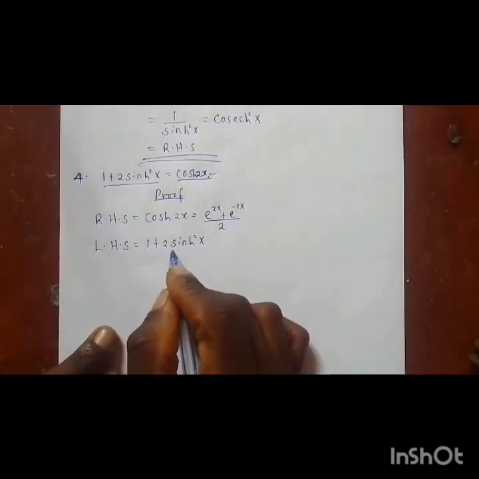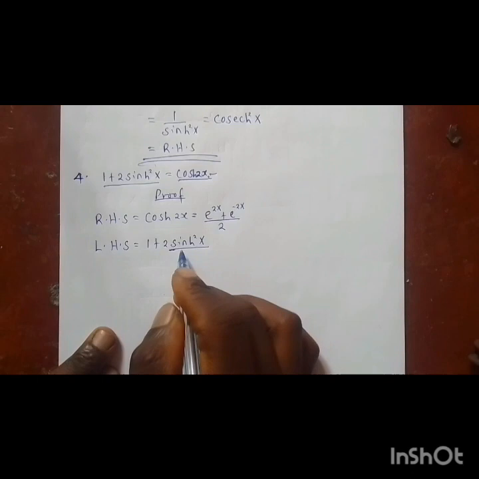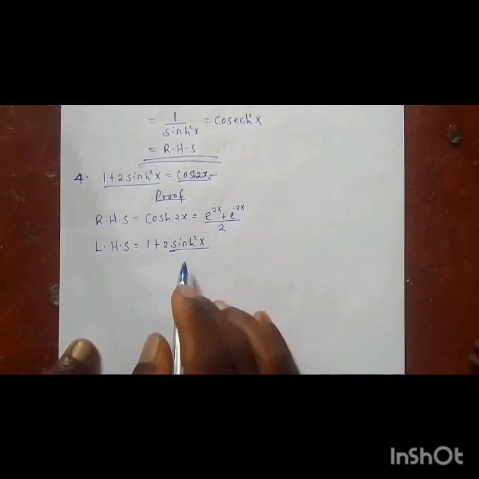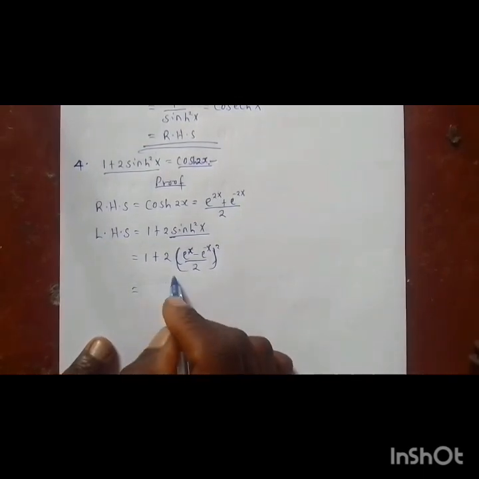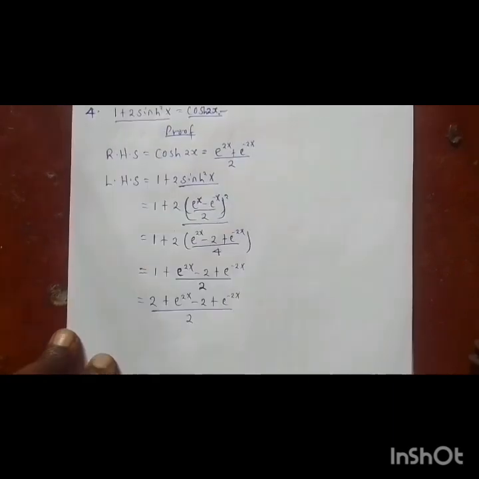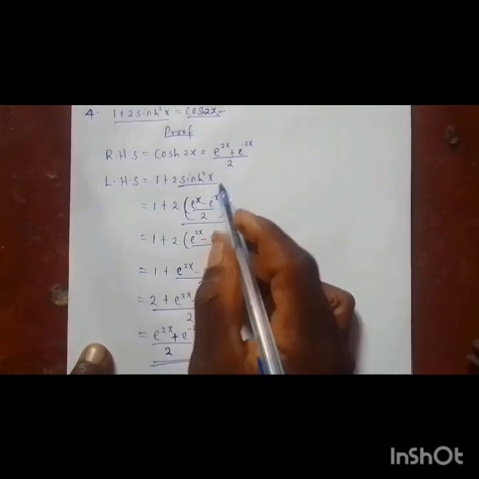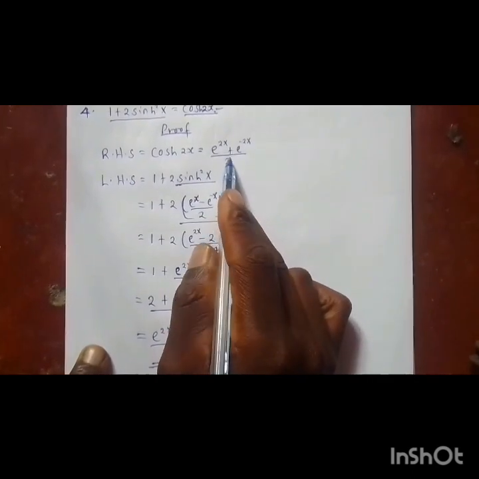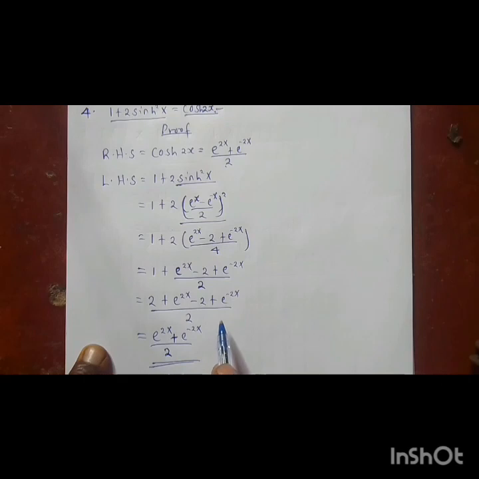So expressing hyperbolic sine squared of x in its form, we have, so expanding that bracket becomes, so now 2 minus 2 becomes 0, and so we have, find this one, and so this is what we have on the right hand side, right?